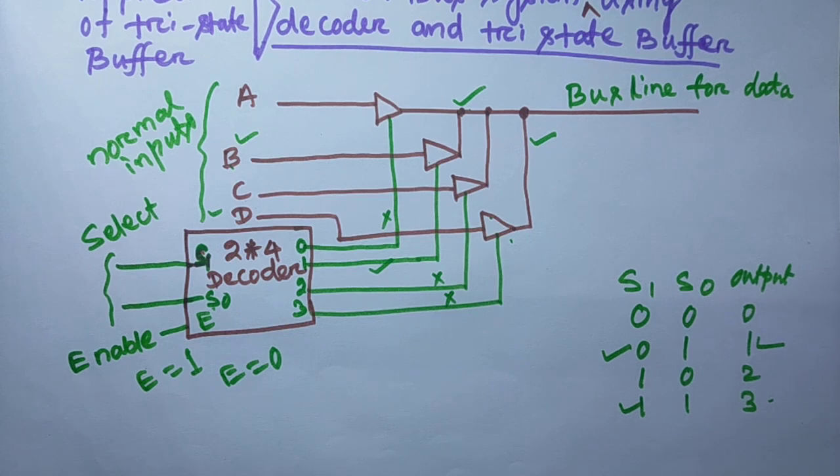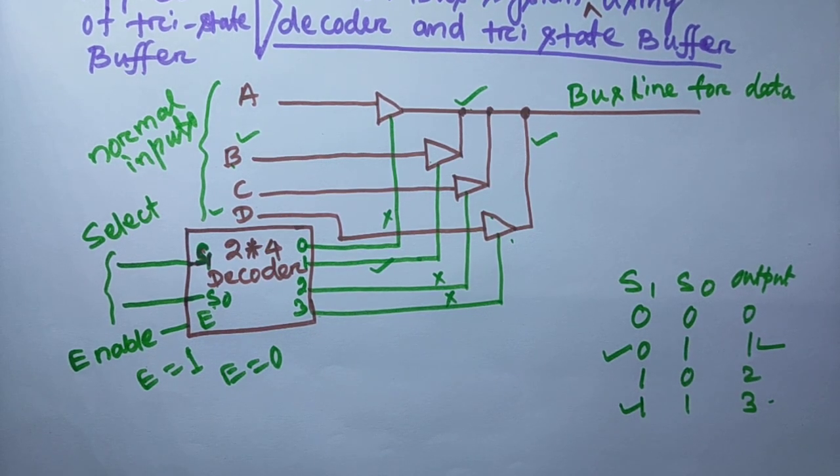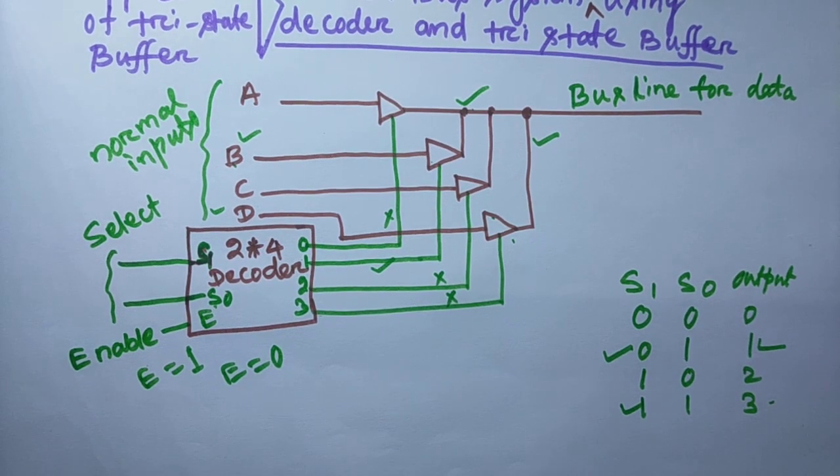Actually normally it is two state, there is no problem. Whenever you use tri-state, there is a control input, and if that control input is 1, that is no problem, the normal input can be considered as the output. If the control input is 0, then automatically it creates an open circuit or high impedance, and there is no effect on the output. Okay, this is the basic concept. I hope all of you understand this basic concept of the tri-state buffer.